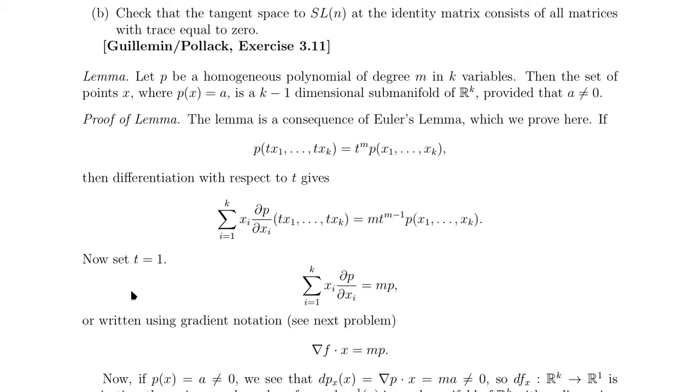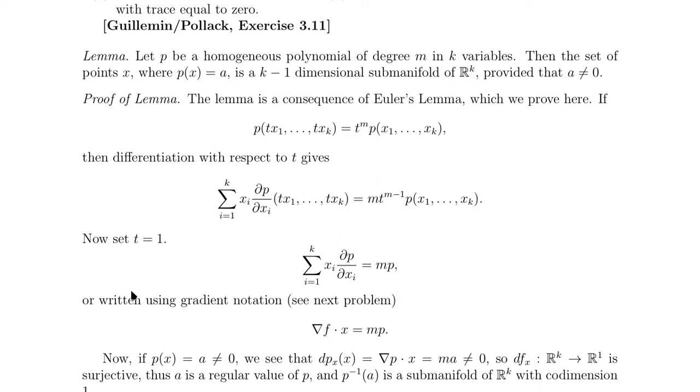And you probably must have seen this before, but without proof. So you have P(tx1, ..., txk), and that gives you t to the m times P(x1, ..., xk).